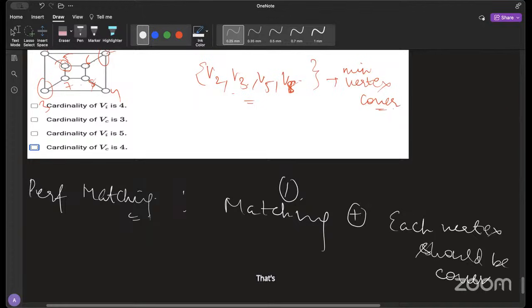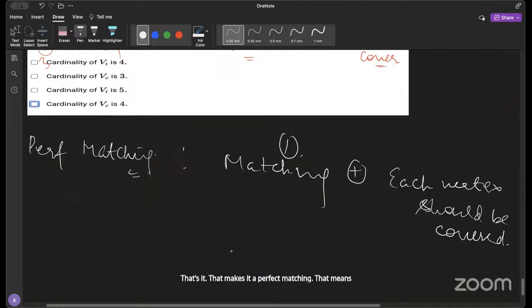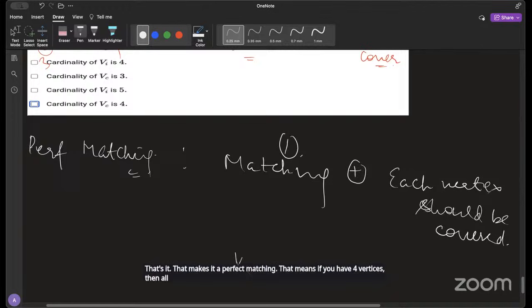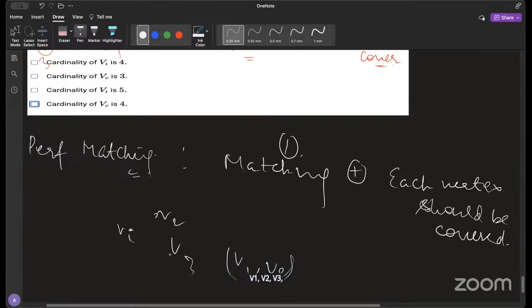That makes it a perfect matching. That means if you have 4 vertices, then all 4 vertices should be here. So if your graph looks like this, V1, V2, V3, V4, then you can have V1, V2 and V4, V3. Now that's a perfect matching.